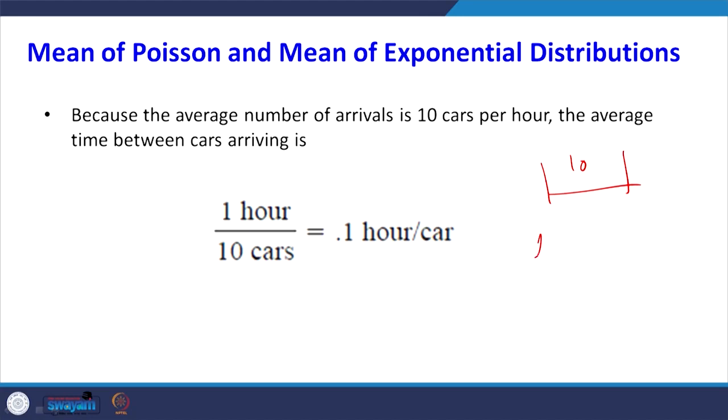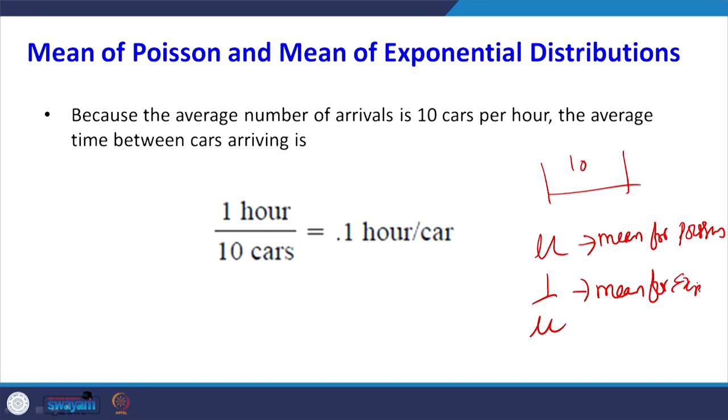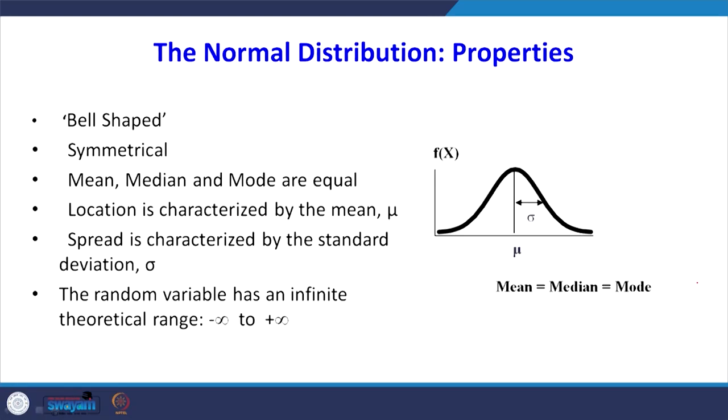Generally we write mu as the mean for Poisson distribution, and 1 by mu as the mean for exponential distribution. That is the relation between Poisson and exponential distribution.